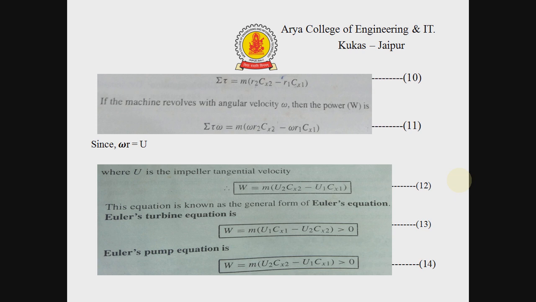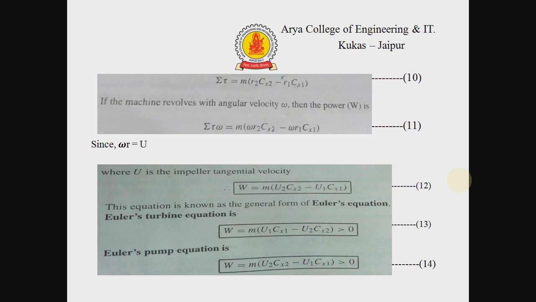So if u is the impeller tangential velocity, then we can replace omega r by u, as shown in equation number 12, which is W is equal to m (u2 cx2 minus u1 cx1). This equation is known as the general form of Euler's equation.